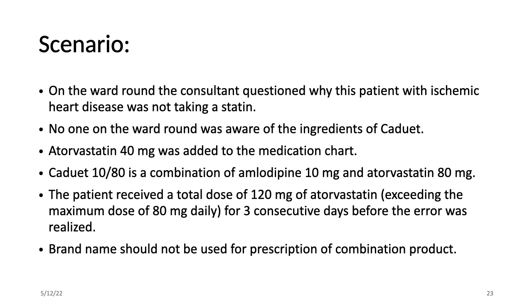So she ended up taking 120 milligrams of atorvastatin, exceeding the maximum dose, which is 80. She took 3 consecutive doses in hospital before the error was discovered. Brand names shouldn't be used in prescribing combination products. Even if you use a brand name, you have to write the combination between brackets.